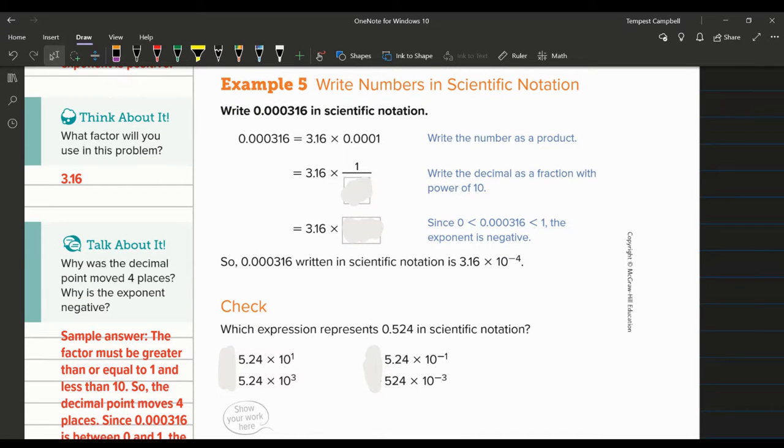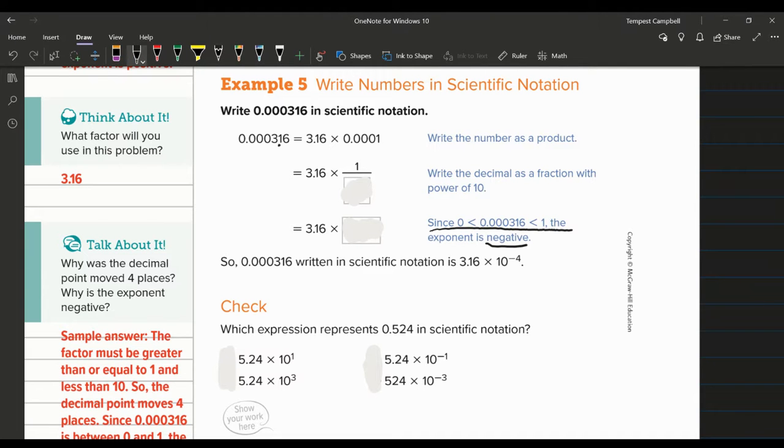Write numbers in scientific notation. So notice how now this number is between 0 and 1. So that tells us our exponent is negative. So what they did is they took their decimal, they moved it 1, 2, 3, 4, 5. I moved it too much. Don't move it that many.